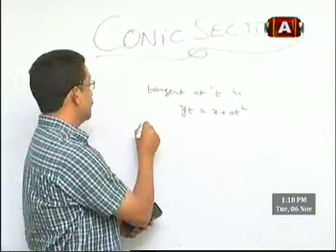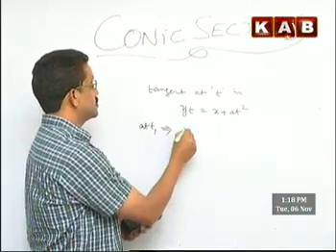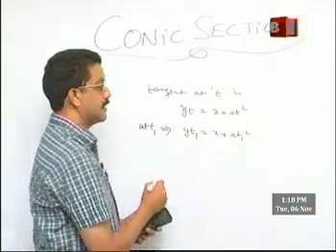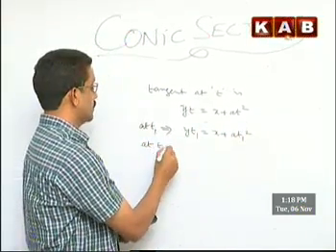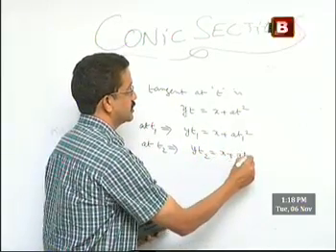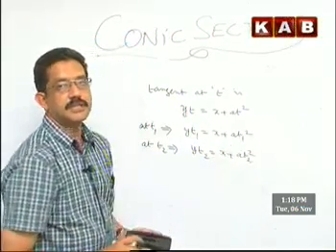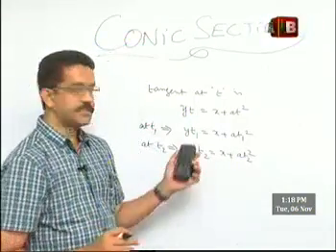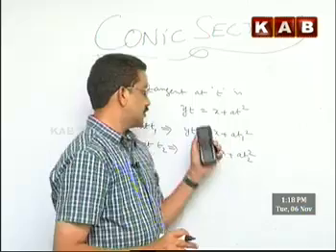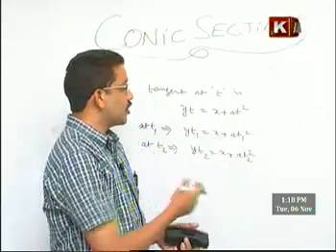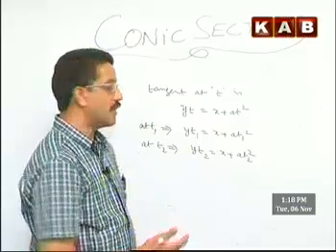At t1, this changes to yt1 is equal to x plus at1 square. At t2, this changes to yt2 is equal to x plus at2 square. Just simply put t1 and t2 in the place of t. That's it. Now you have the tangent at t1 and the tangent at t2.